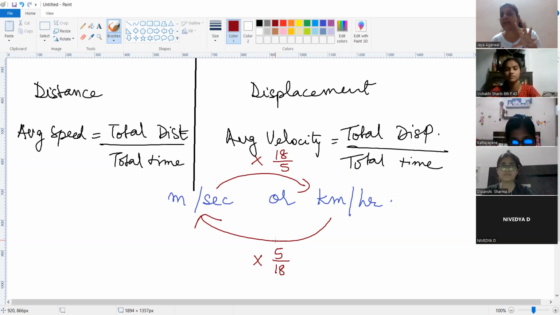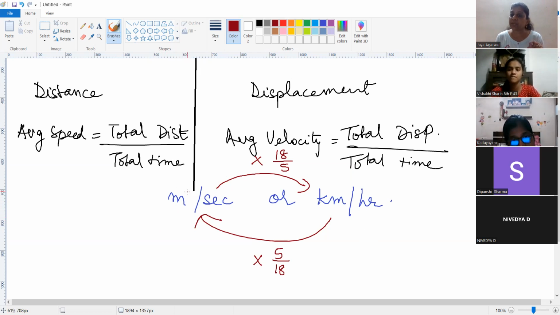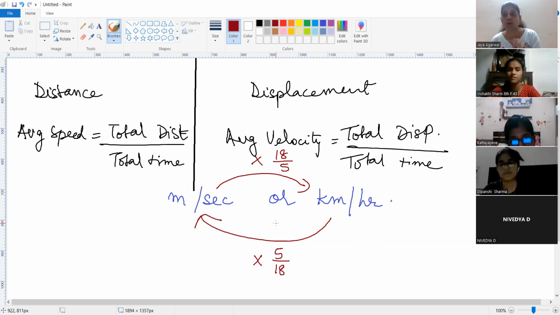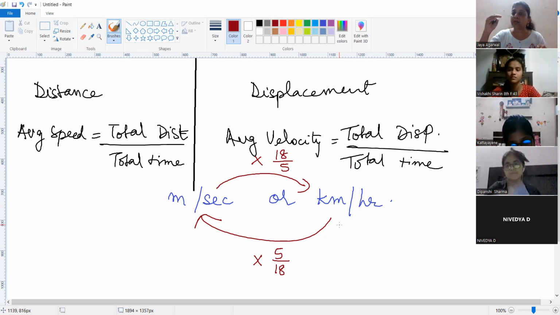If you forget which number to use, remember this: meter to kilometer means small unit to big unit. You have to multiply by big over small number. 18 is big and 5 is small. The opposite for kilometer to meter, that means big to small.